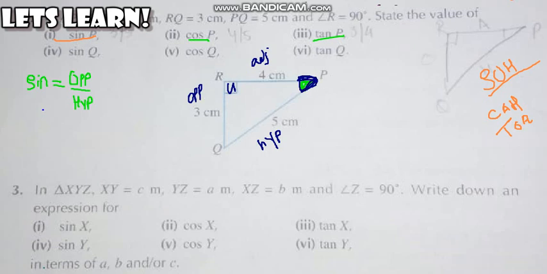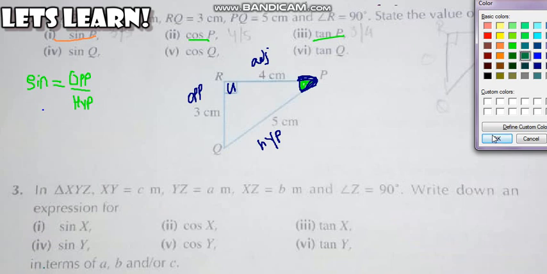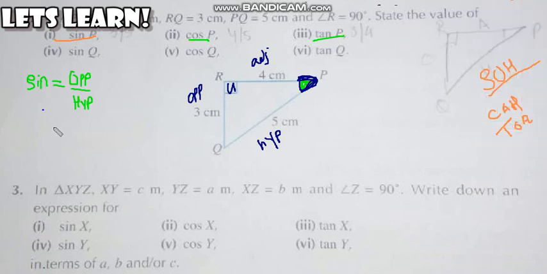Now let me go forward. Now I'll put the values in the formula. So here I know that sine of angle P is equal to opposite side, कौन सी मेरी? That is QR, 3 centimeter, over hypotenuse 5 centimeter, and if I divide it I will get an answer.